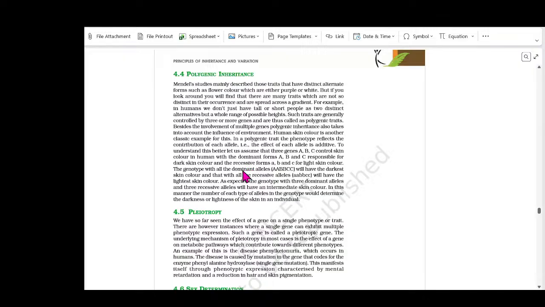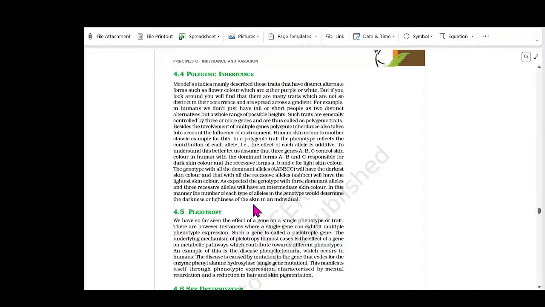The genotype with all the dominant alleles will have the darkest skin color and that with all the recessive alleles will have the lightest skin color. As expected, the genotype with 3 dominant and 3 recessive alleles will have an intermediate skin color. In this manner, the number of each type of the alleles in the genotype would determine the darkness or lightness of the skin in an individual.